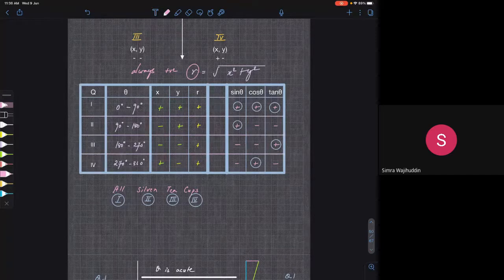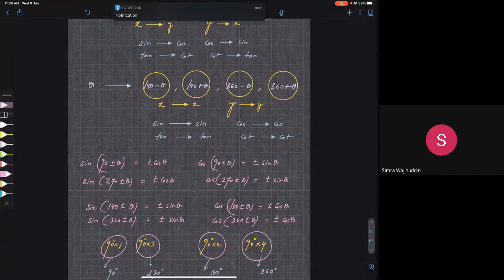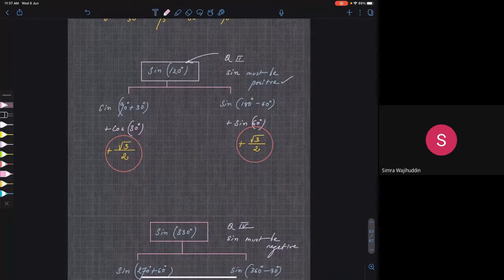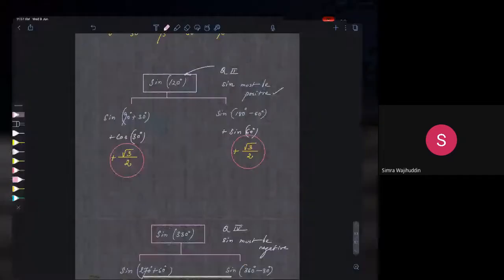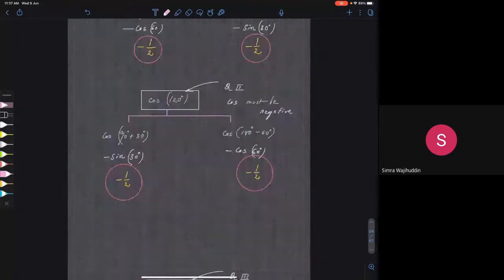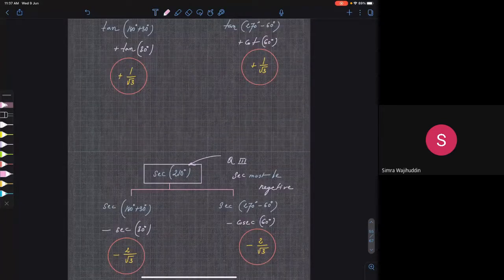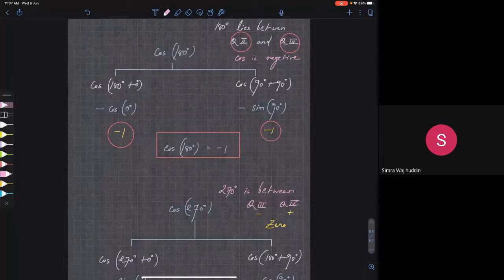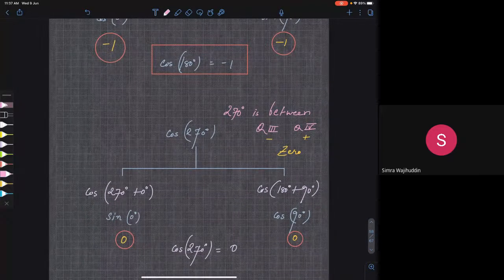We have also found the trigonometric ratios of several angles, like 120 degrees, 330 degrees, cosine of 120, cosine of 210, tan of 210, secant of 210, cosecant of 150, sine of 270, cos of 180, and so on.